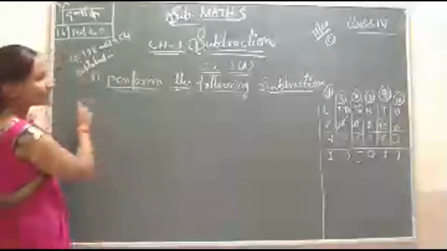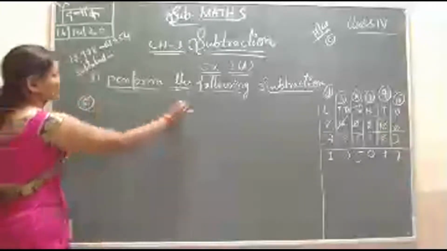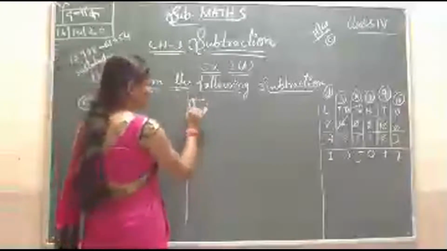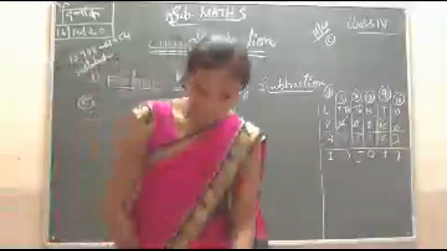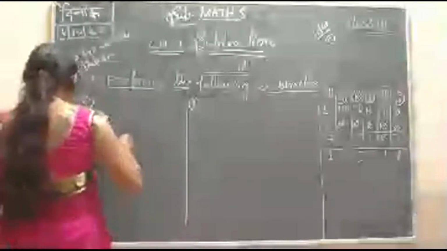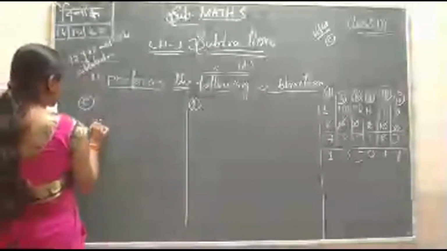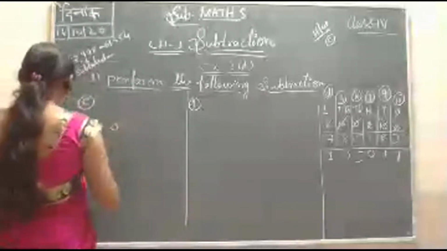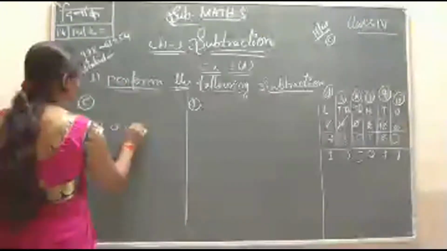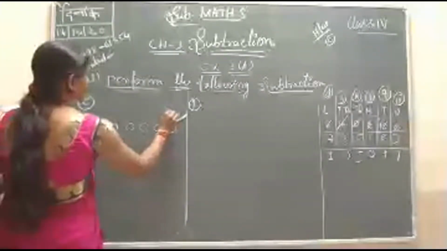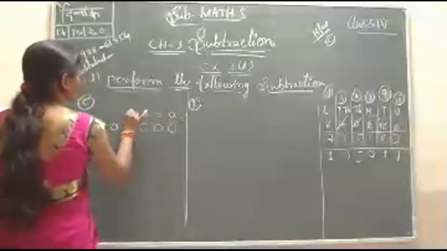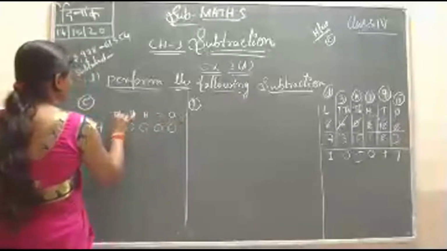next is the E1 question. That E1, students, you know, 7 lakh. How many lakh? 7 lakh. This is ones, tens, hundreds, thousands, ten thousands, lakh.